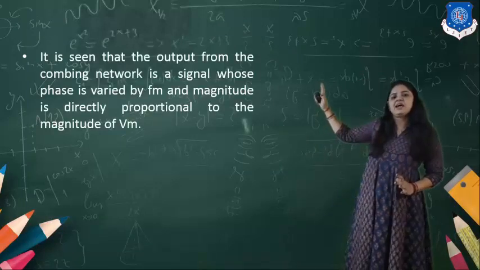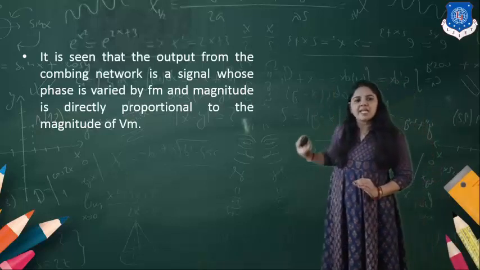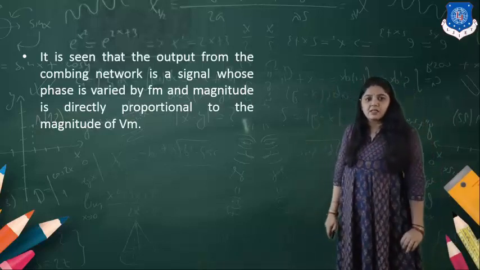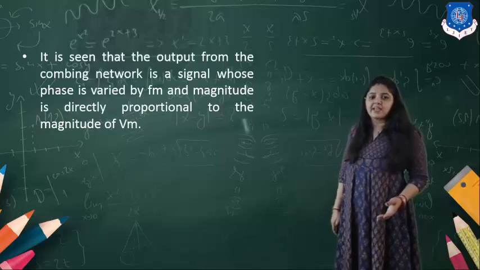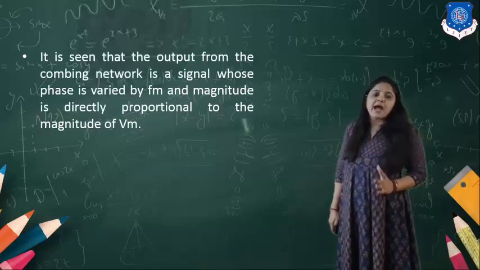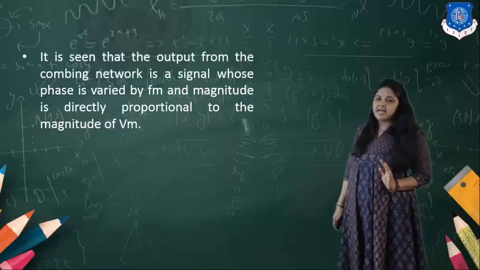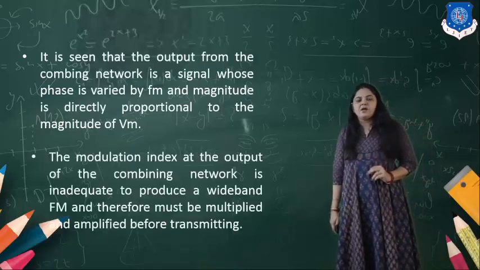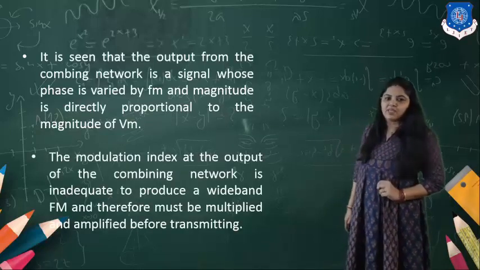It is seen that the output from the combining network is a signal whose phase is varied by FM and whose magnitude is directly proportional to the magnitude of the VM.